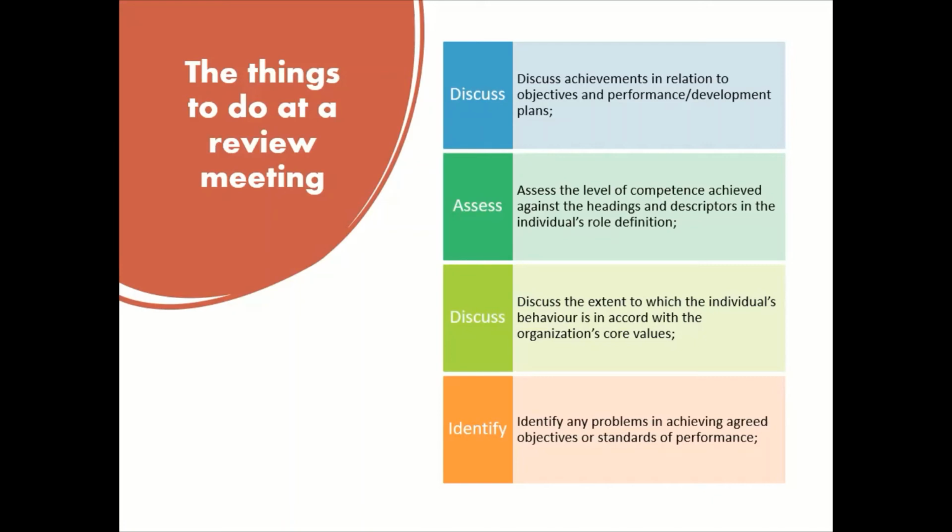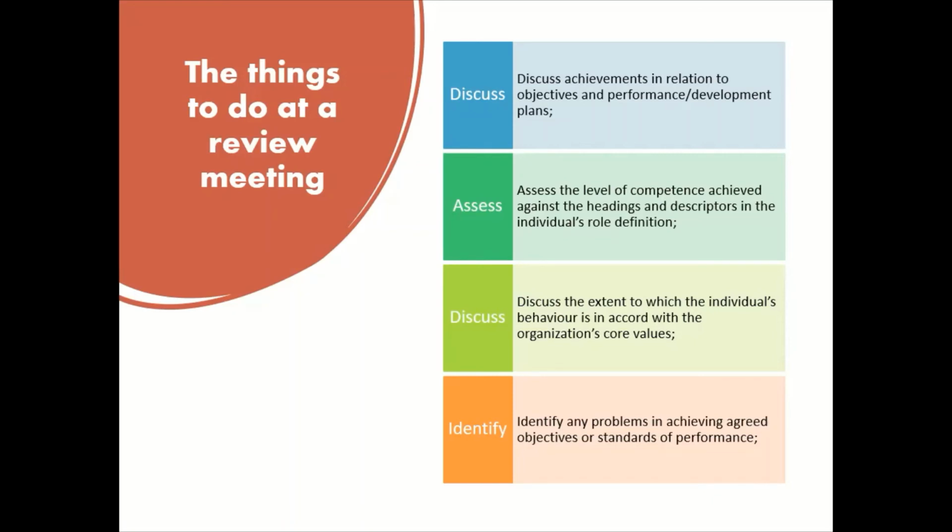So if there are behavior related issues, then we can discuss such issues with the employee and identify any problems in achieving agreed objectives. As I told, sometimes the employees may have some excuses as to their low performance. So we can identify any problems in achieving agreed objectives just by listening to employees.